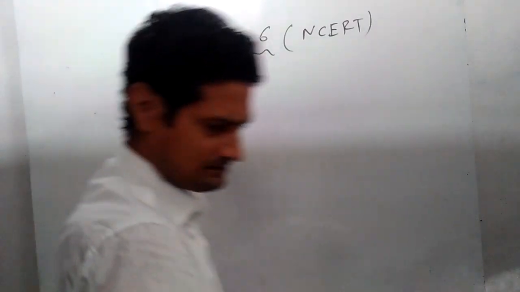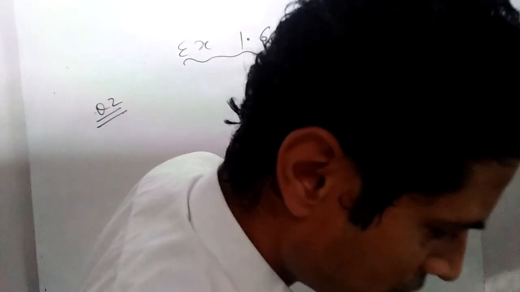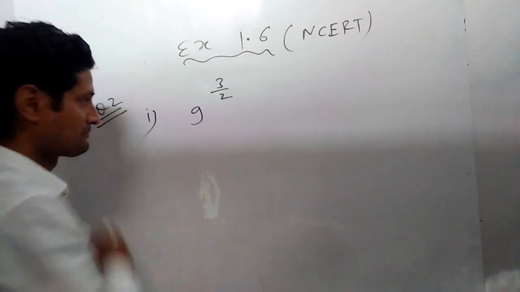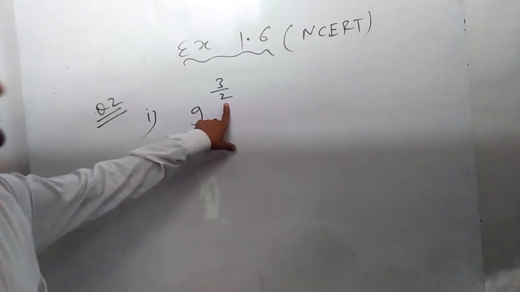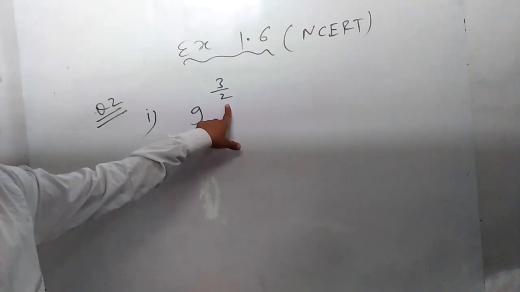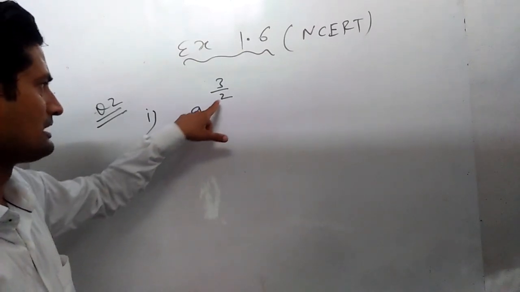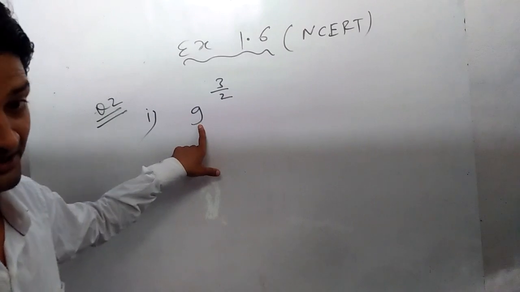Now another type of question, like question number 2: 9 to the power 3 by 2. First you have to check the denominator. The denominator is 2. Now think of such a number whose power 2 is equal to 9.